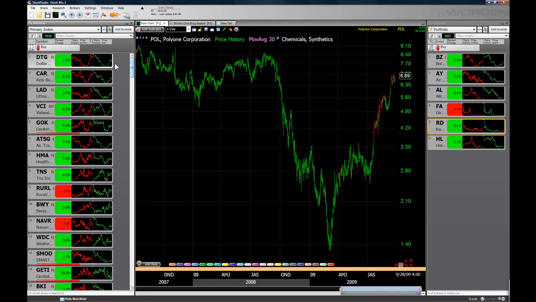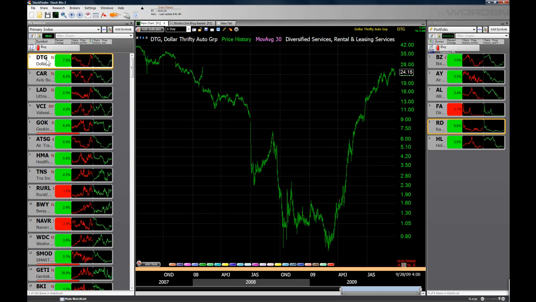I don't know who I'm talking to. Anyone wants to listen to me? Dollar Thrifty. Holy moly! Just take a look at these relative strengths over here. Just absolutely unbelievable. Okay, but it is believable, and we're looking at real time.